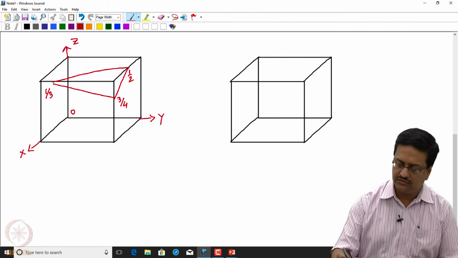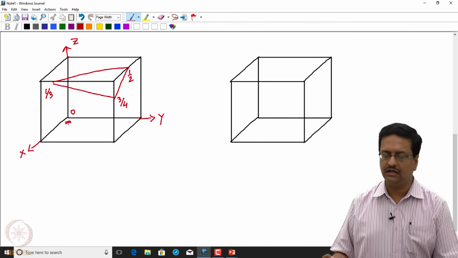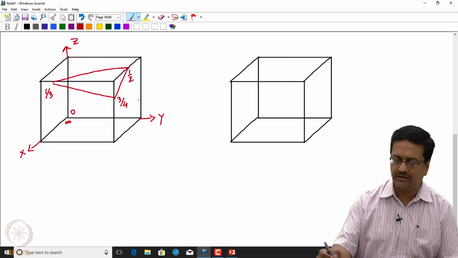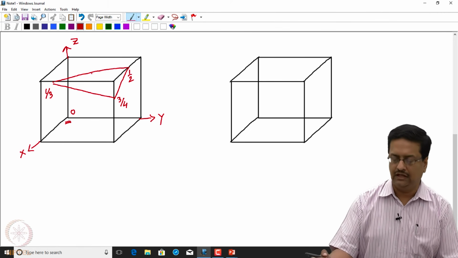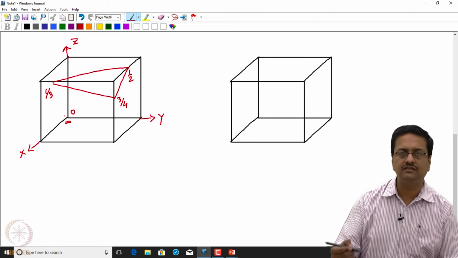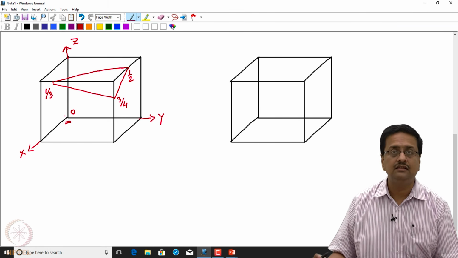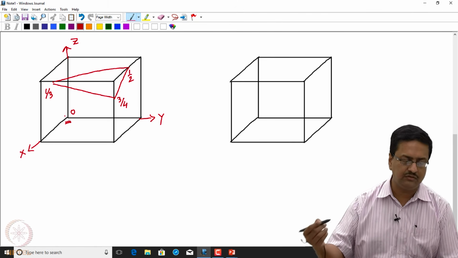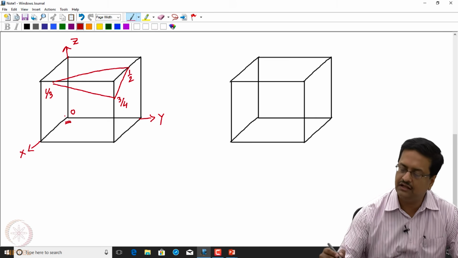So now with respect to the origin located here, it is difficult to find out where this plane would go and meet x, y and z. And also this origin is not sitting on this particular plane, but still we can move the origin to a suitable position such that we can easily determine the intercepts.